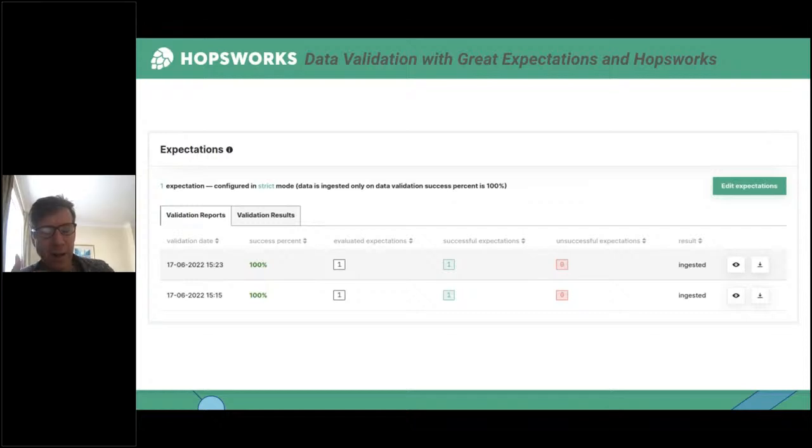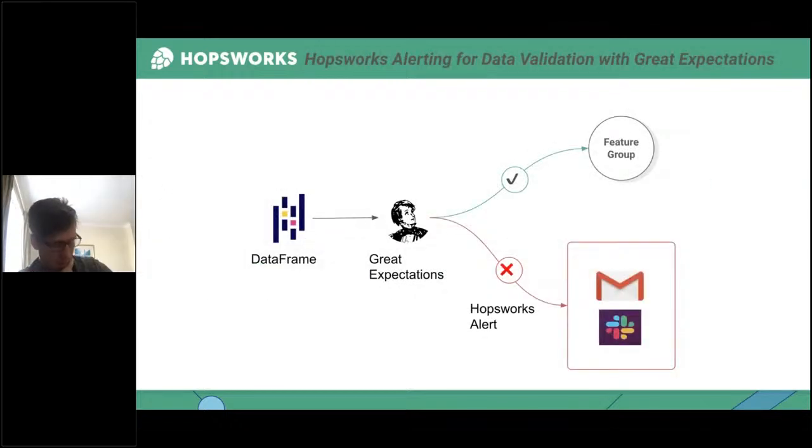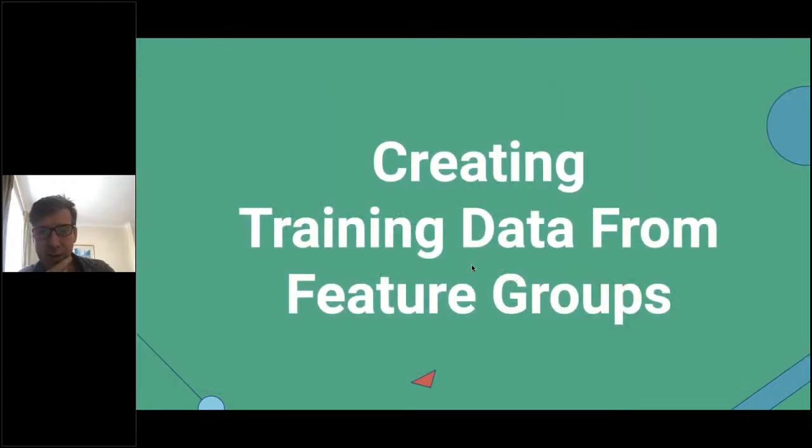Every time you write data, we can see whether it passed the data validation rules or not. And of course, you can set up alerting. You can send an email or Slack message if an expectation is not valid. And that's what this is showing. Basically, you can alert when Great Expectations rules fail.